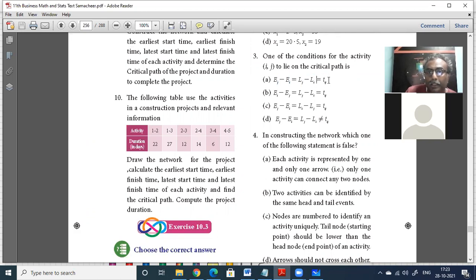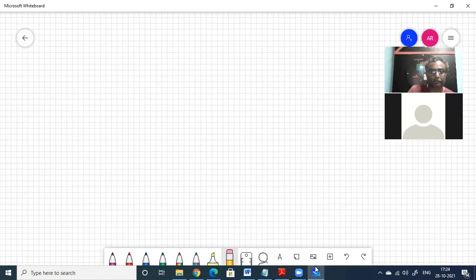Is equal to T of I comma j. Correct, that is correct. The other options are not correct. J minus I, not equal to, obviously this is wrong. So only the first one is correct here. So sum number 3, this one only is correct.